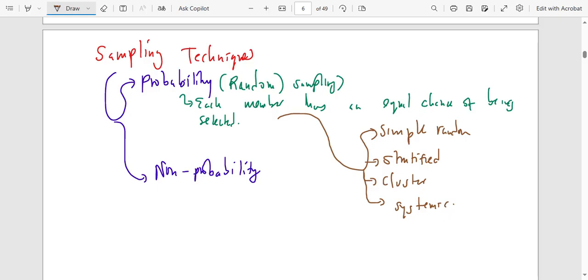And then for non-probability sampling, we can also divide it into what we call convenience sampling. The second one, we have got purposive sampling.